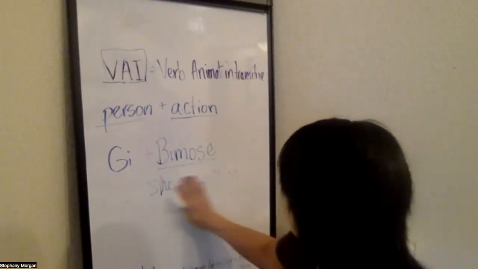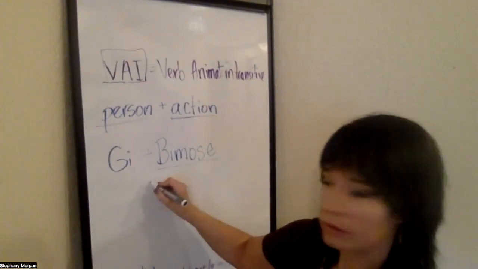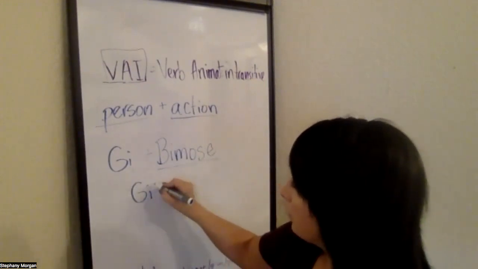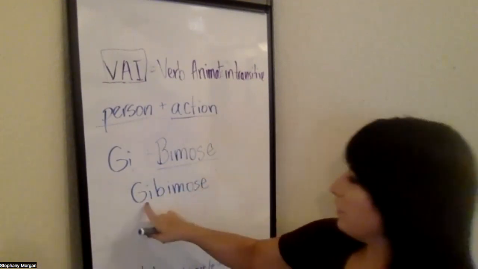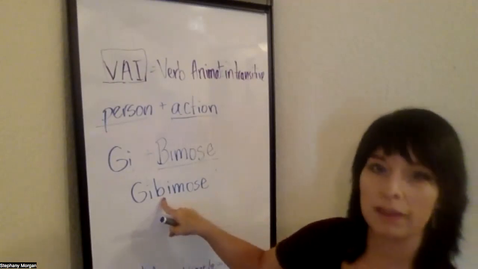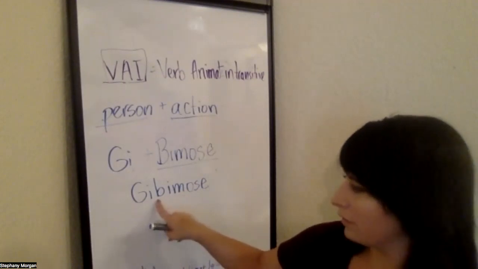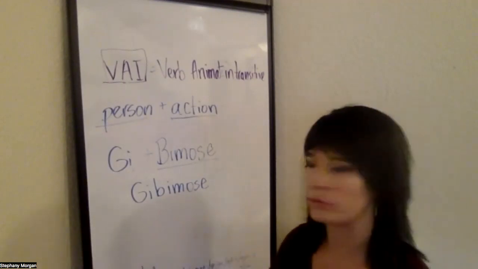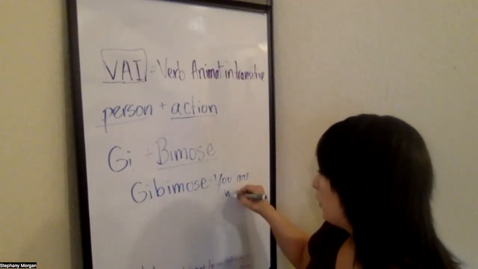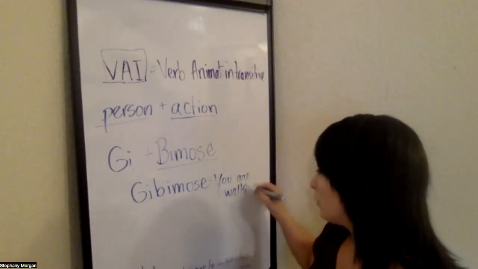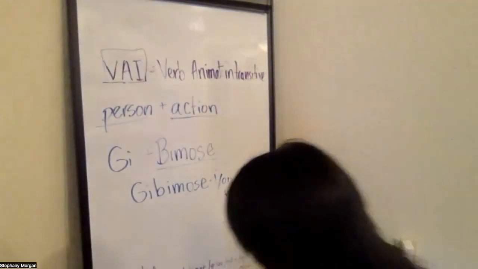That makes it ge bimose. Ge bimose. And you see how the ge became part of that word? It's not two separate words. It actually attaches and makes it a new word on its own. So you are walking could also be understood as you walk. All right.